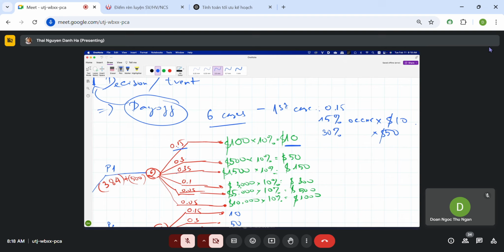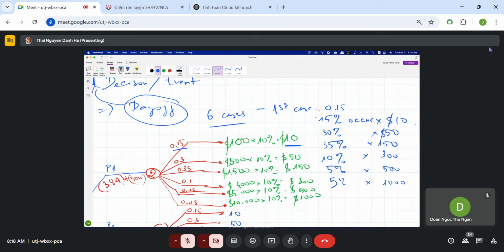The third case occurs with a probability of 35%, and the bill is 150. And the fourth case, the fifth case, the sixth case, and multiply by the amount of money she needs to pay.